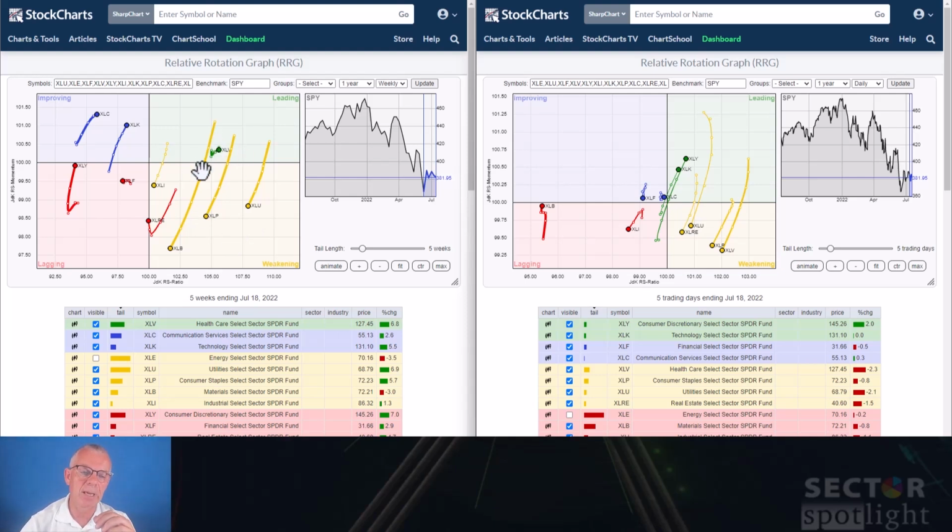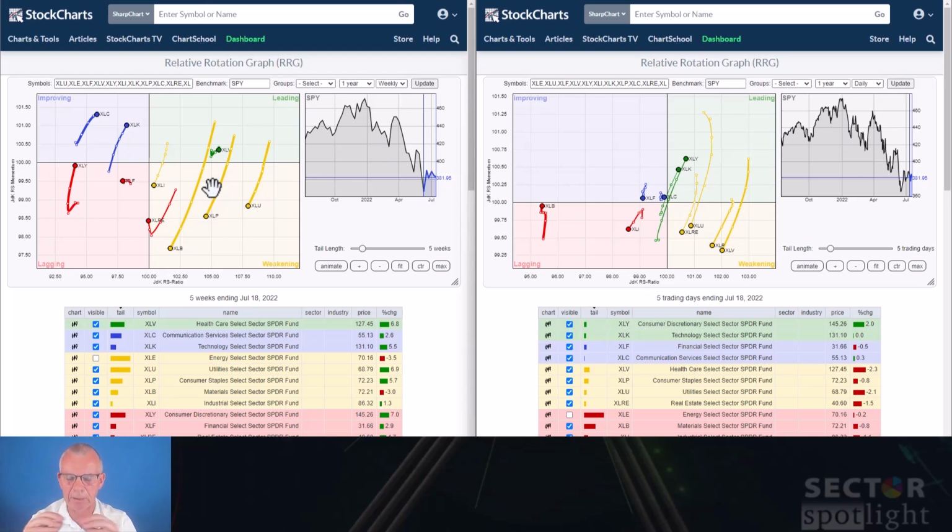And healthcare is the only sector inside the leading quadrant on the weekly scale. So for the time being, it looks as if we have a move back into offensive/growth stocks, and that defensive sectors are not negative yet, but they are continuing to lose relative strength and relative momentum.